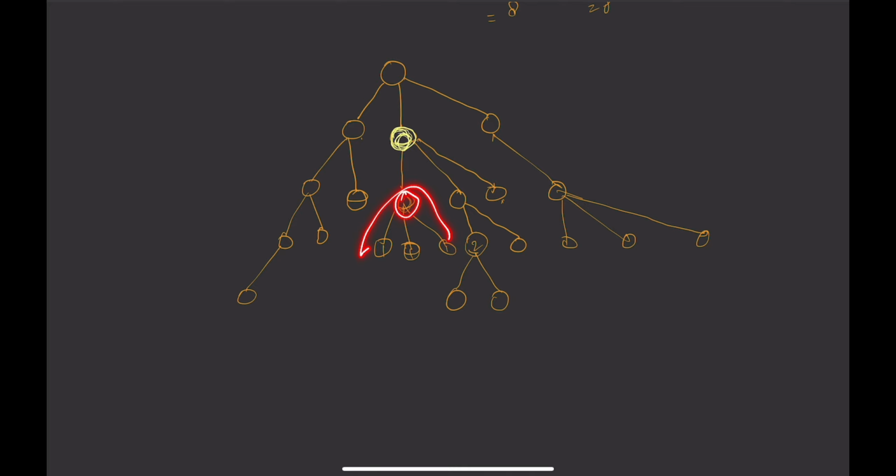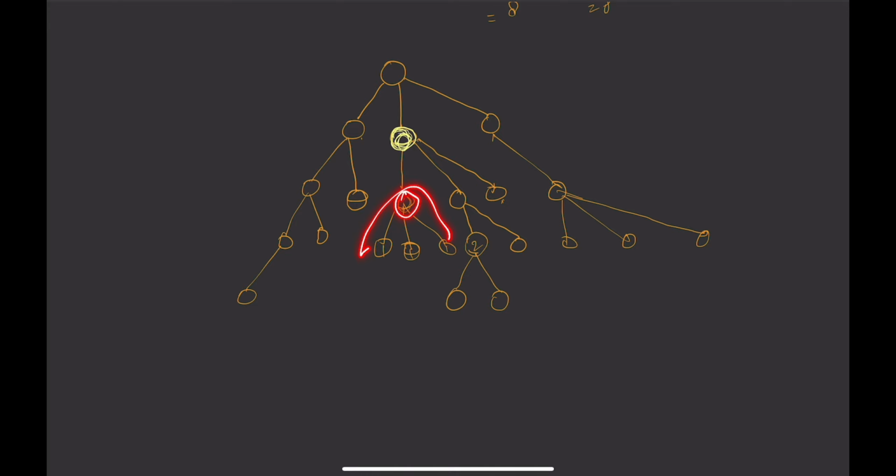Now when I am calculating this and this distance is 1, right? So what will be its value due to this edge? It will be 2.